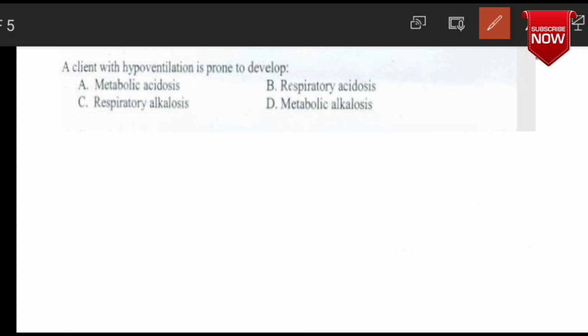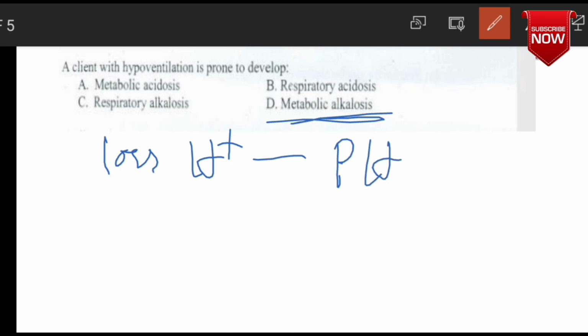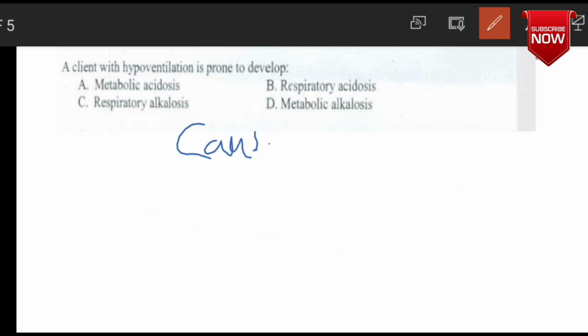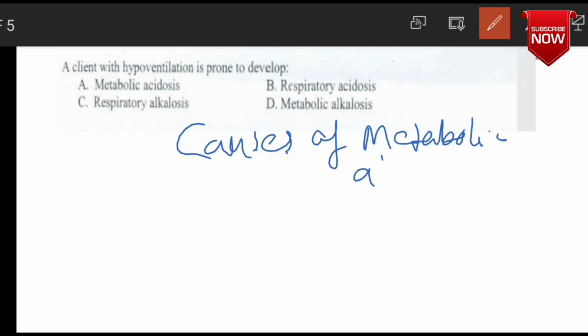Next is metabolic alkalosis. A loss of hydrogen ions, so the pH value will increase, and accumulation of bicarbonate, so the value of bicarbonate more than 27 milliequivalent per liter. Causes of metabolic alkalosis.